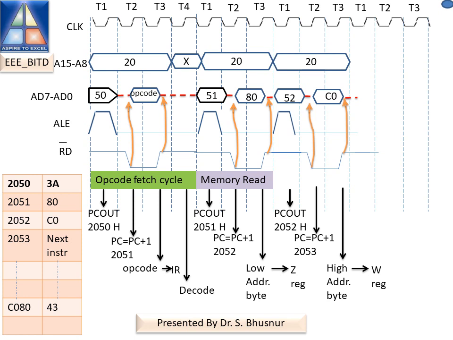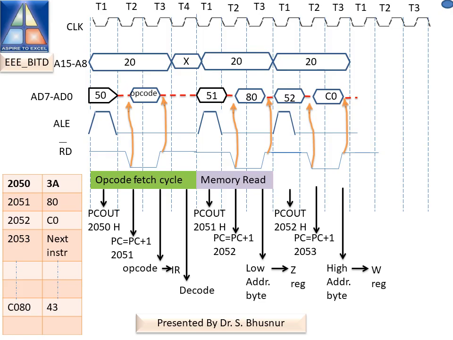So C080, which is now available with WZ, will be read in the next memory read machine cycle. The last machine cycle, which is the execution part, is different from the previous memory read only in the sense that the address will not come out from the program counter, but it will be from the WZ registers.